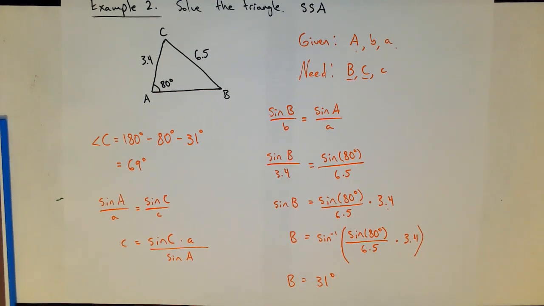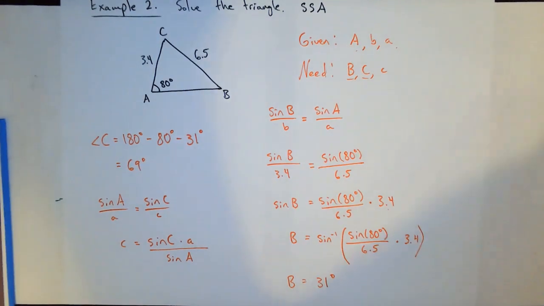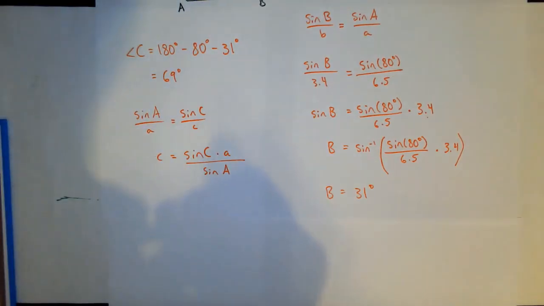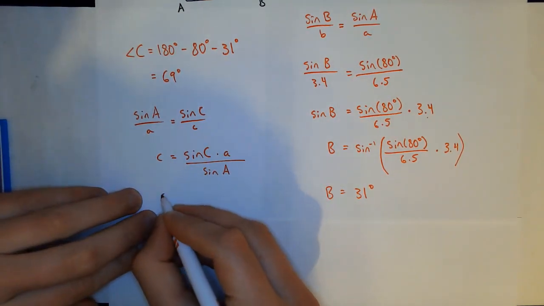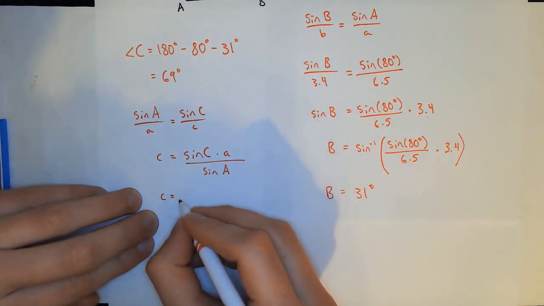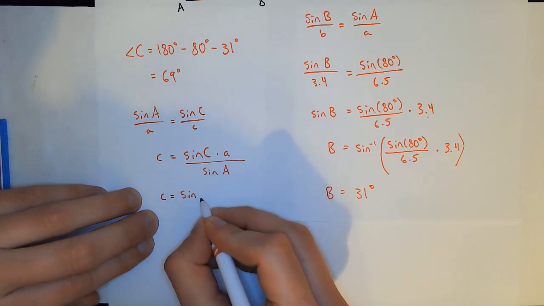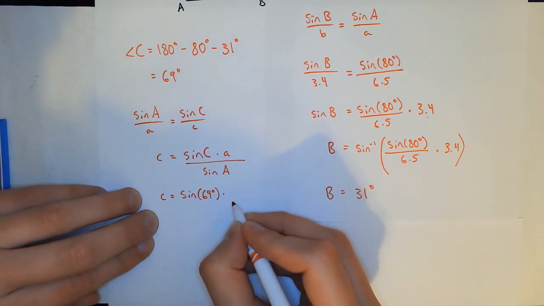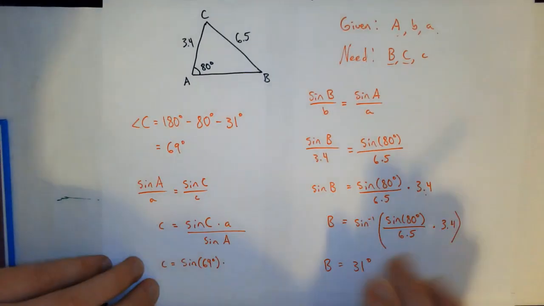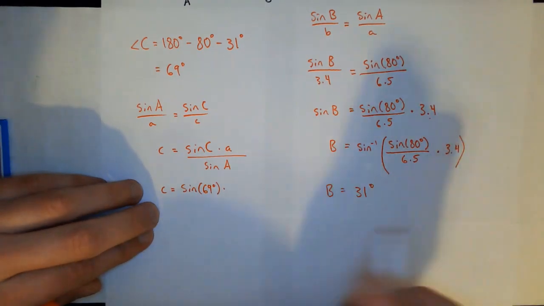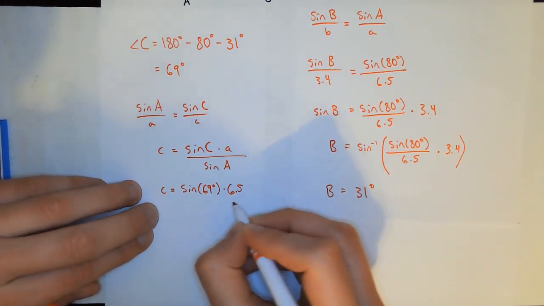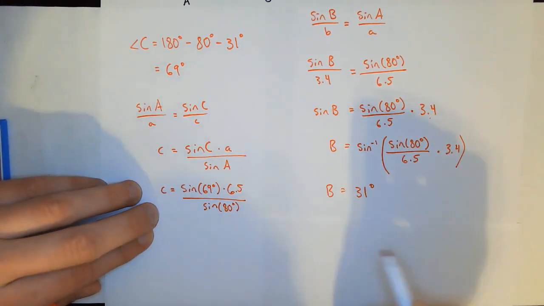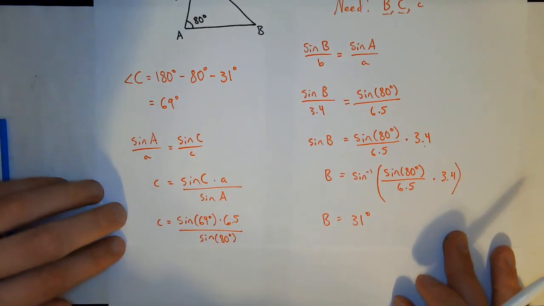Okay, and now I'll go ahead and plug in. Sine of 69 degrees times a, which was 6.5, over sine of 80 degrees, because that's what A measured as.